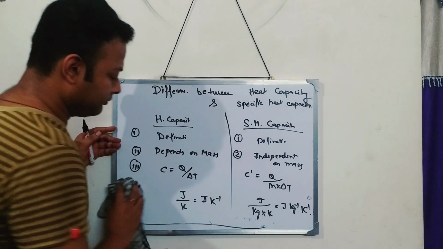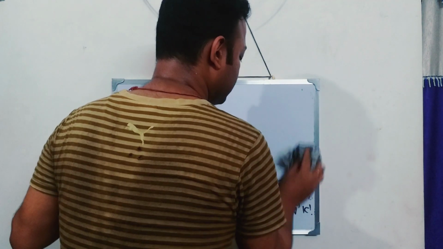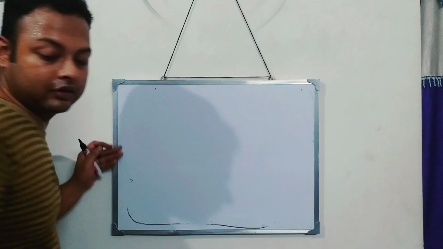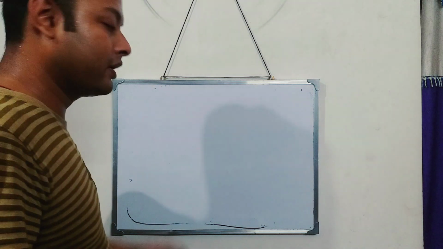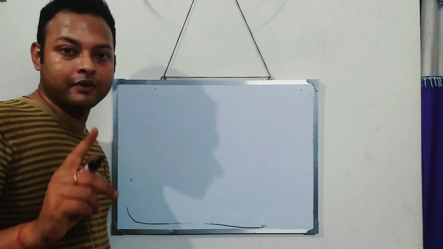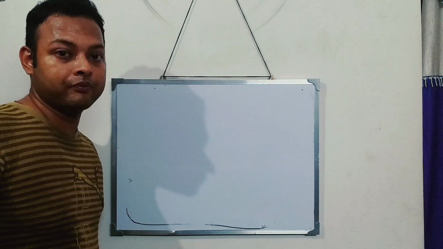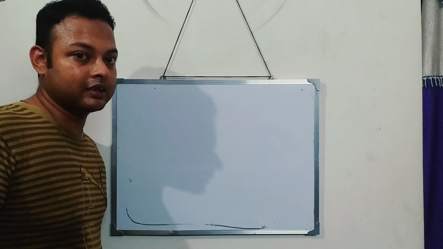Now after this, let's take some examples to make you understand this part. See, for our syllabus we have to concentrate more on the specific heat capacity rather than the heat capacity.